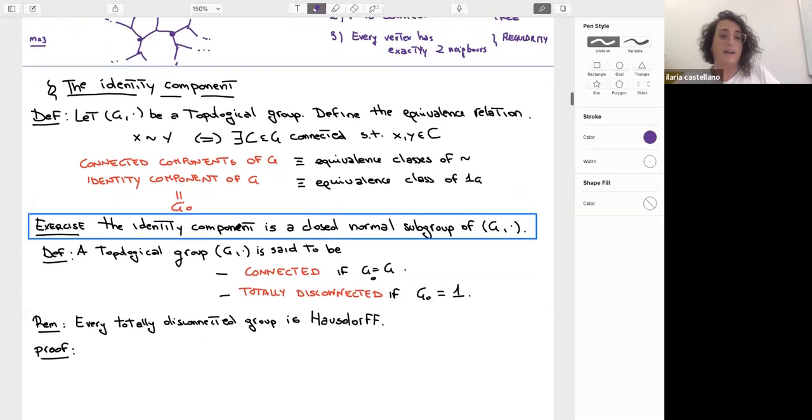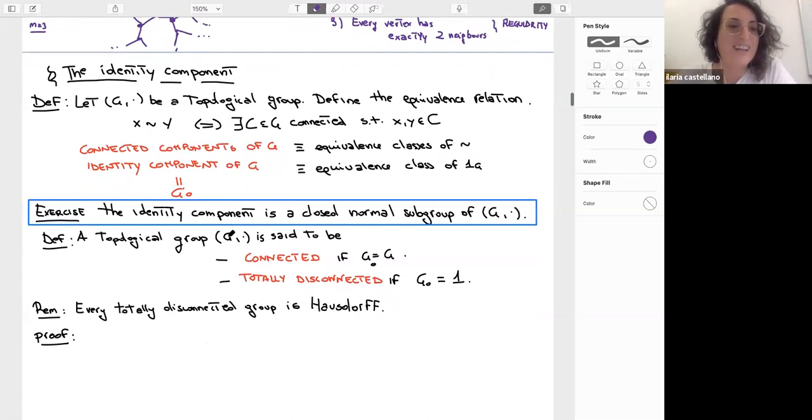Another exercise, because I like to ask people to do exercises, is the following. Prove that the identity component is actually a closed normal subgroup of G. This is going to be a very important property for the next part of the talk. A topological group G is said to be connected or totally disconnected.